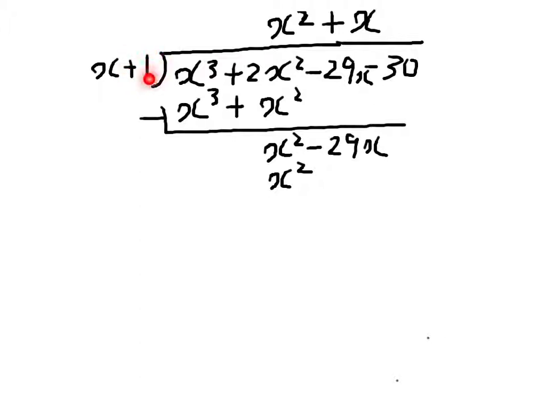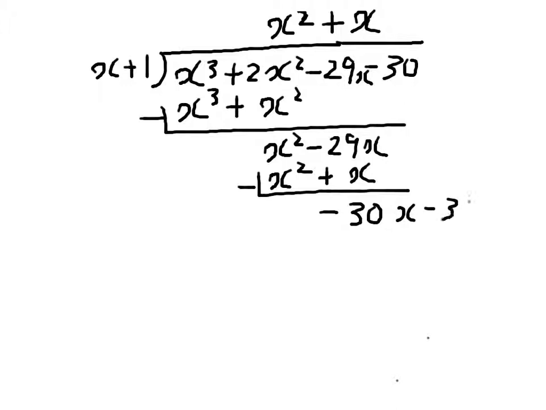Next, 1 times x is x. So plus x. I need to find the remainder, so subtract: x squared take away x squared, nothing. Minus 29x minus another x, that's minus 30x, and I need to bring this minus 30 down here, so that's minus 30.